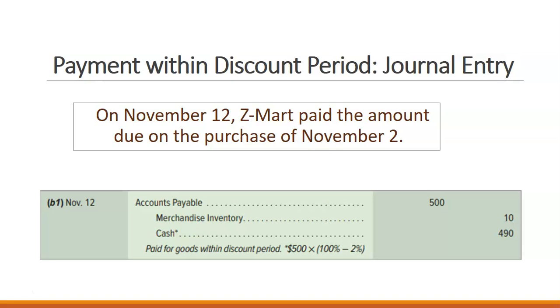If we pay within that discount period, we would debit accounts payable for the entire amount, credit merchandise inventory for $10 because we owed $10 less on that merchandise, and credit cash for the $490 we paid. So we paid for goods within the discount period.